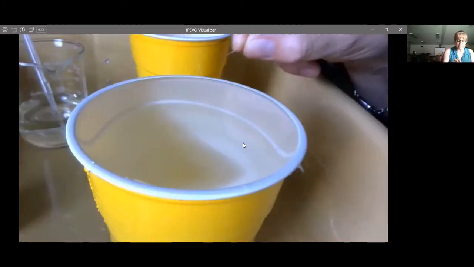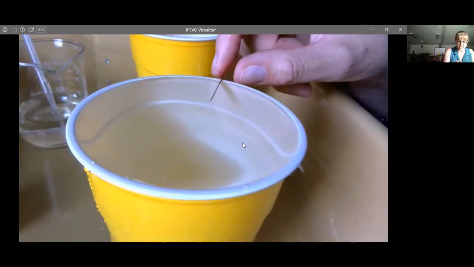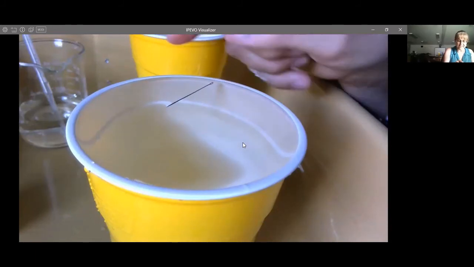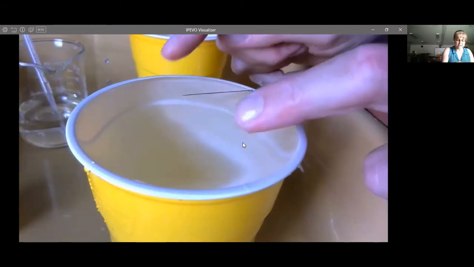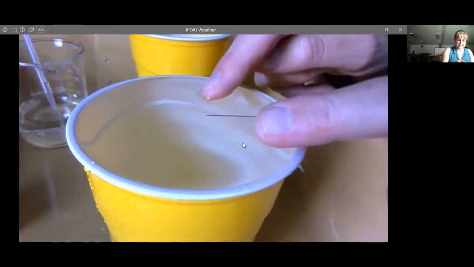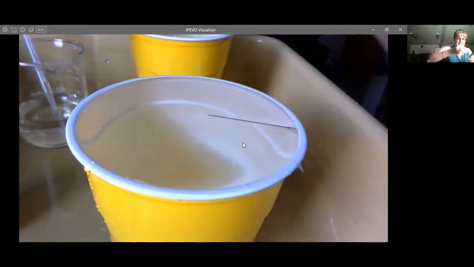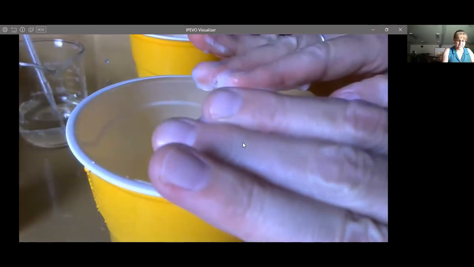Next, you can also float a needle on the surface of the water, because the surface tension of the water acts like it has a little skin on the top, and you can see the needle floating on the water. Now, something kind of neat is that soap is a surfactant, a surface active agent. So I have a little soap on my fingers.